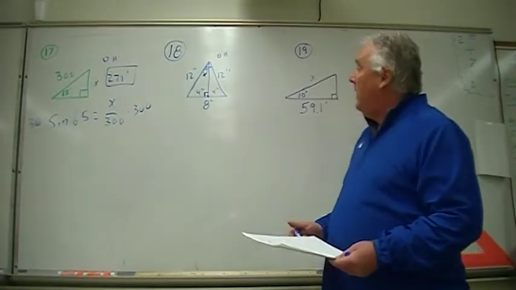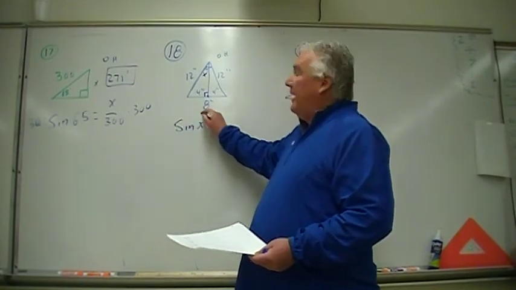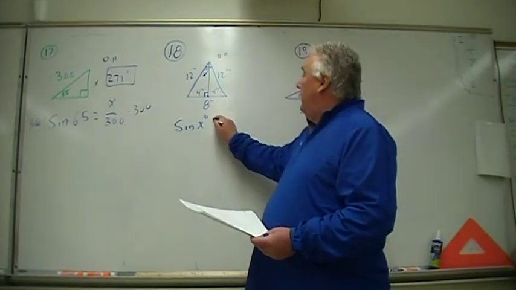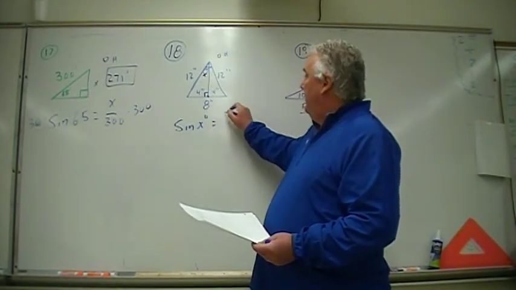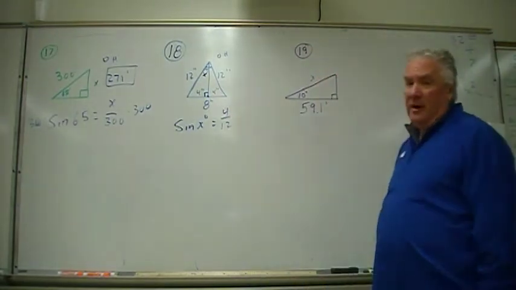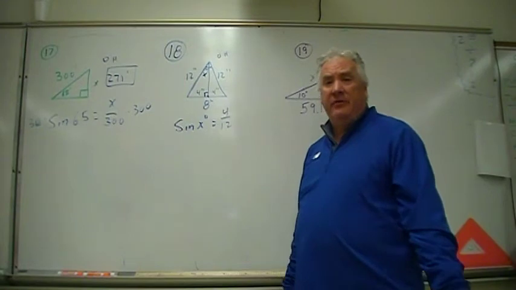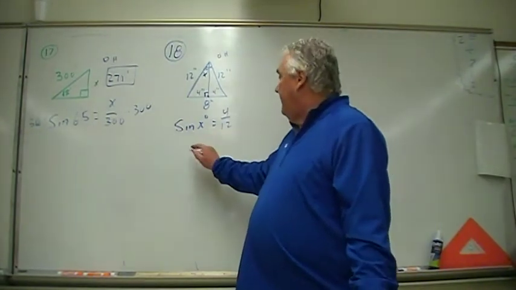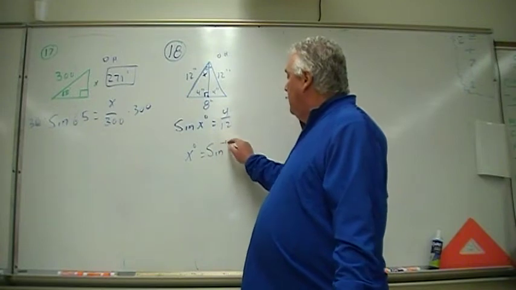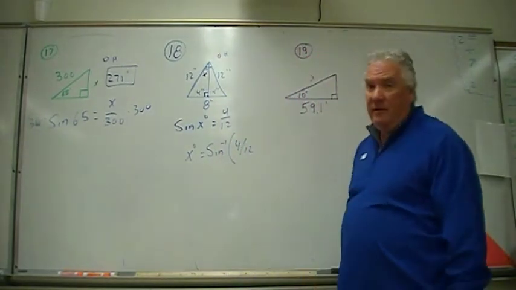Sine of x degrees. We don't know the x degrees, but we do know opposite over hypotenuse. And this is the inverse. We did a day on this last week. How to figure that out? X degrees, sine inverse, 4 divided by 12.